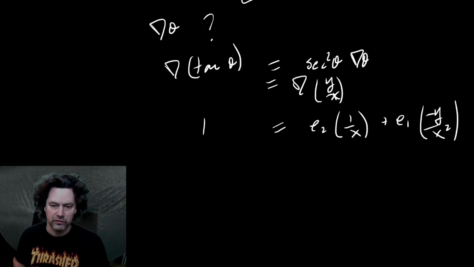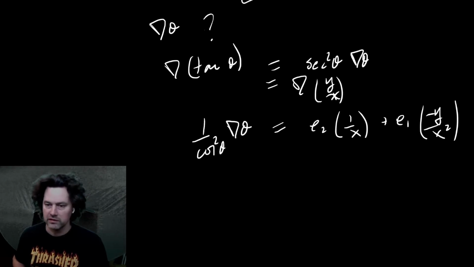So we have 1 over cos squared theta grad theta.